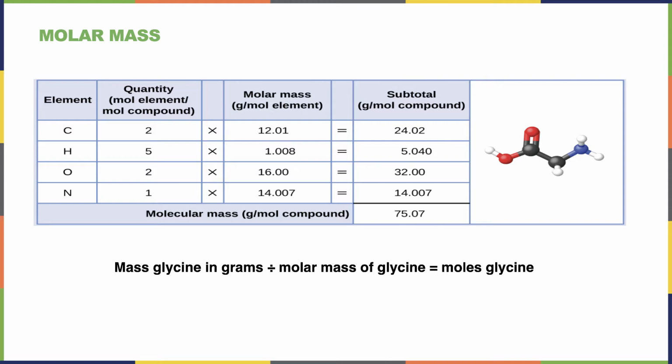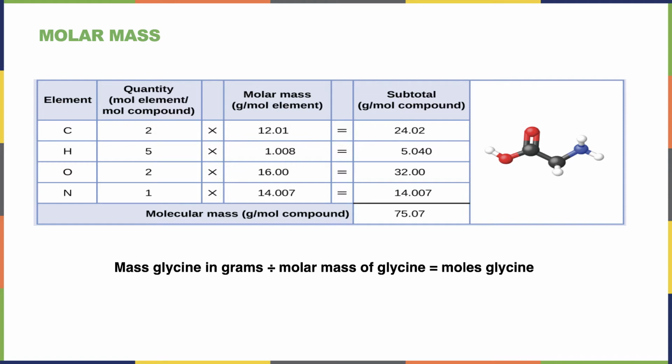Glycerin has 2 atoms of carbon, 5 atoms of hydrogen, 2 atoms of oxygen, and 1 of nitrogen. The carbon's 12.01, hydrogen's 1.008, oxygen is 16, nitrogen is 14.007. 1 times 14.007 is 14.007. 2 times 16 is 32. 5 times 1.008 is 5.040.